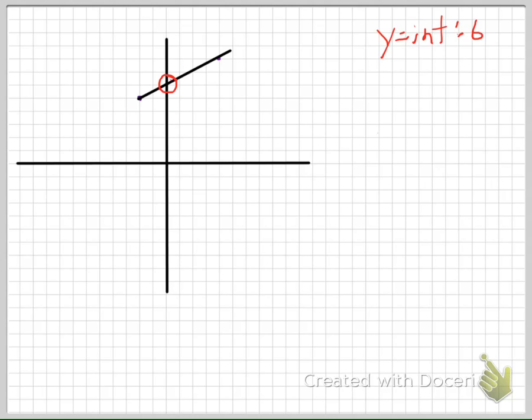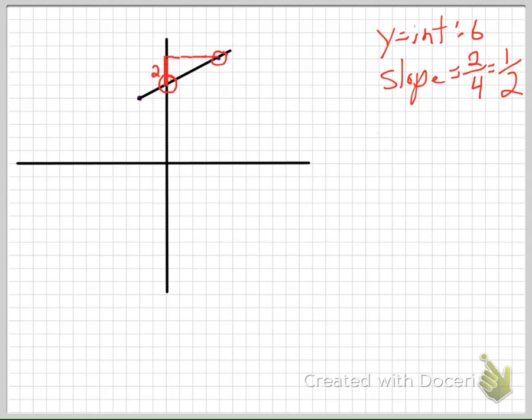So like I could count between my y-intercept and say this point, I have a rise of 2, 1, 2, and a run of 1, 2, 3, 4. So my slope is my rise 2 over my run 4, which of course reduces to 1/2.